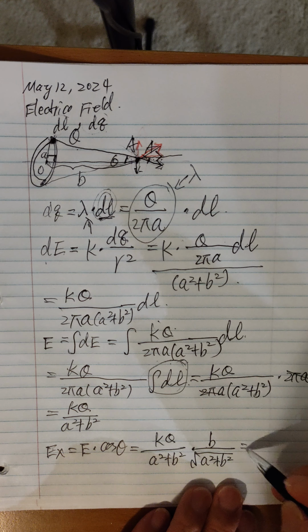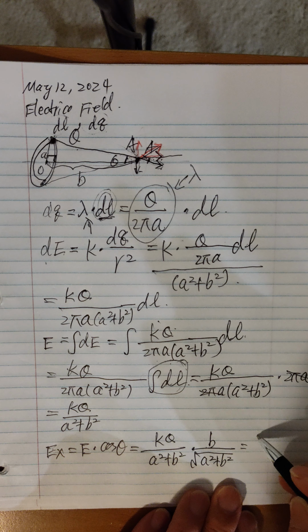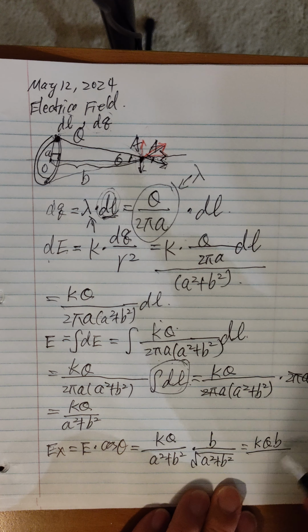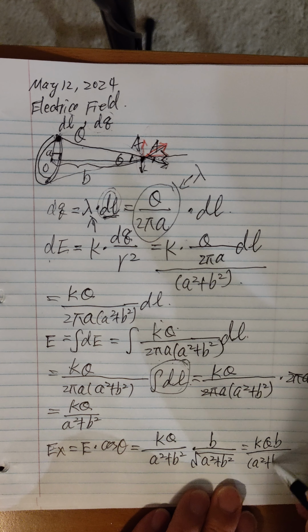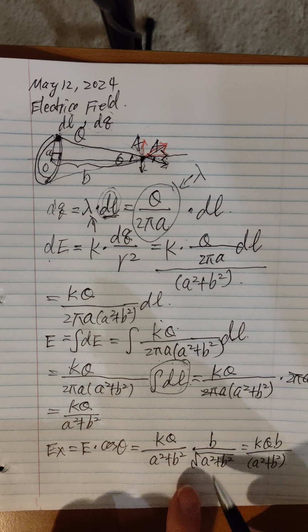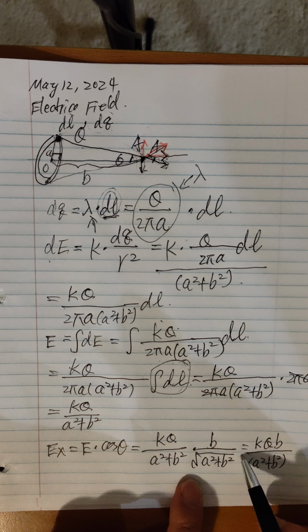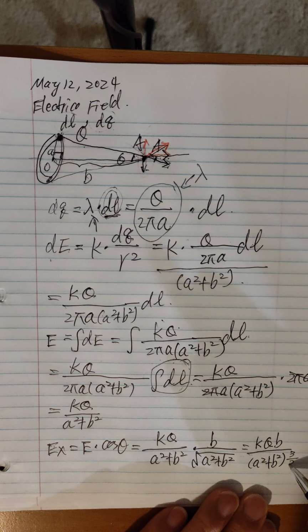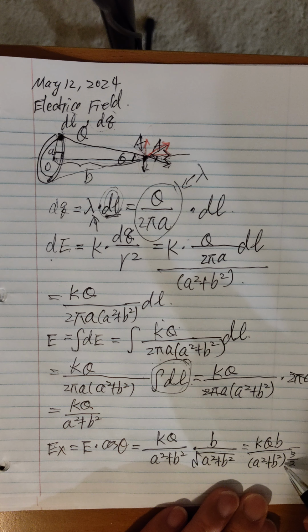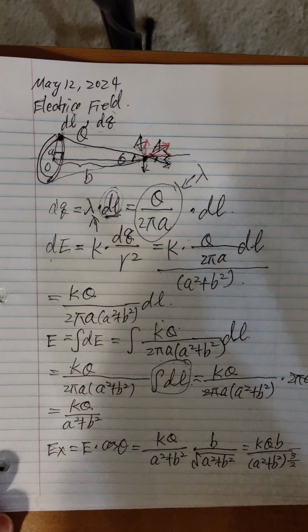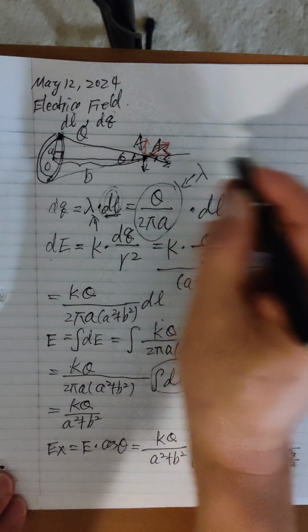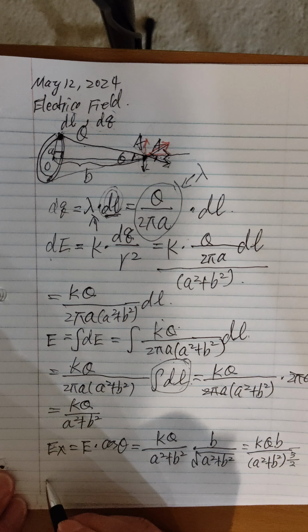We can simplify this a little bit. So that would be kqb over (a squared plus b squared), because this actually is to the power of 1/2, add this one, so the total power is 3 over 2. Okay? And then we need the vector, because the vector is in the x direction.